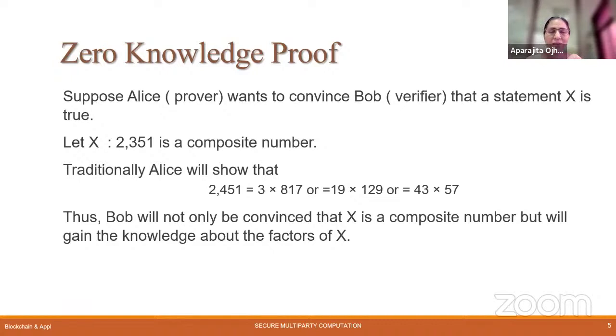I hope you understand that while convincing, I have given you the information also about what the factors are and that it is a composite number. Now think of a scenario where you are signing in to your account, and on the other side the server checks your username and password, which is placed somewhere on a central server.